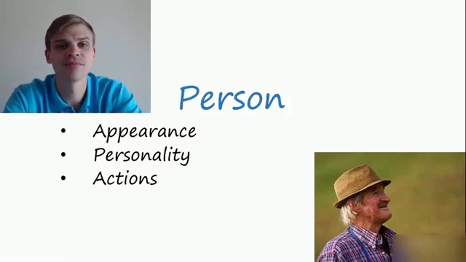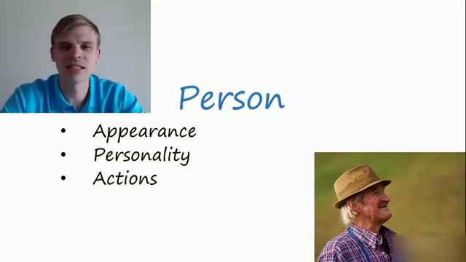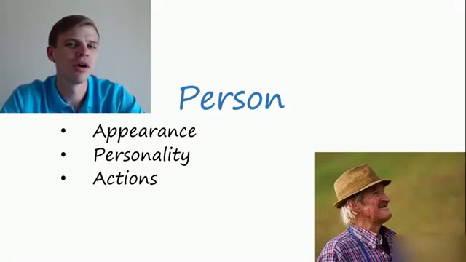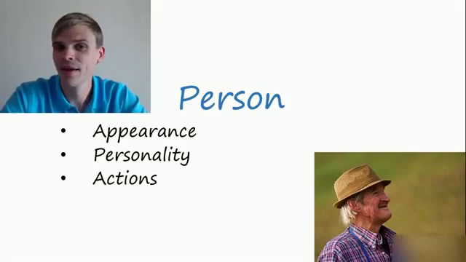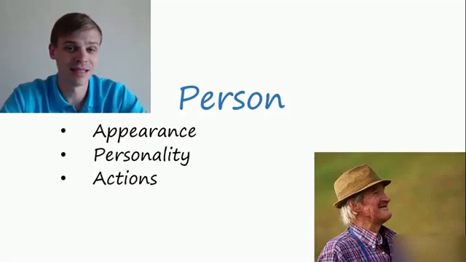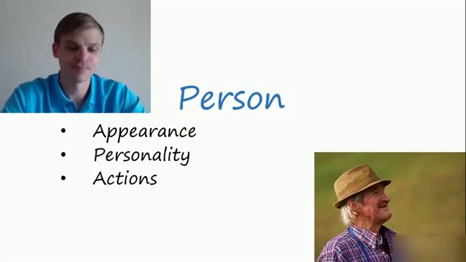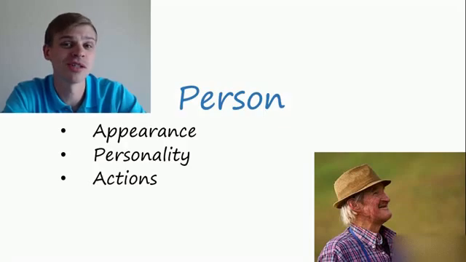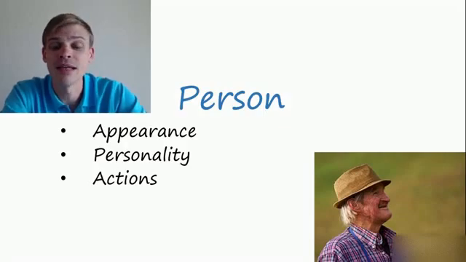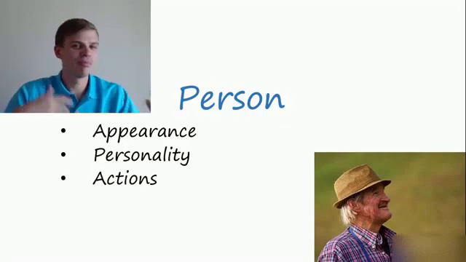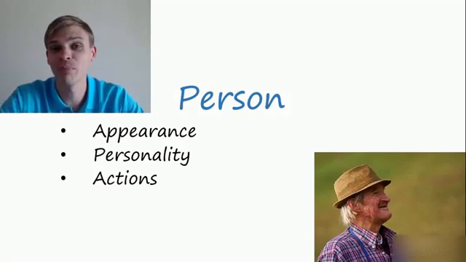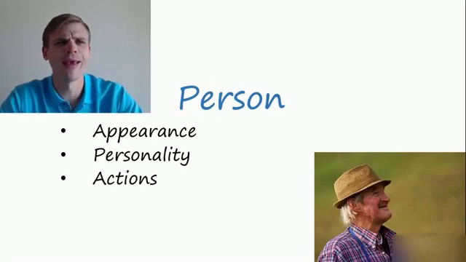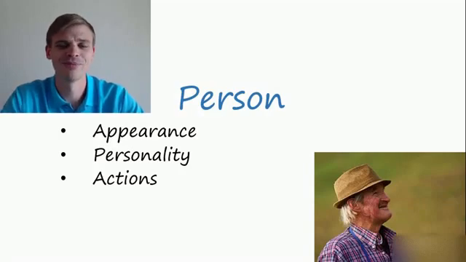What are their actions? If you practice this for 1 or 2 or 3 people, that'll help you a lot in part 2, because many of these questions in part 2 ask you about a person. Well, if you've already practiced talking about a specific person, you will ace part 2.